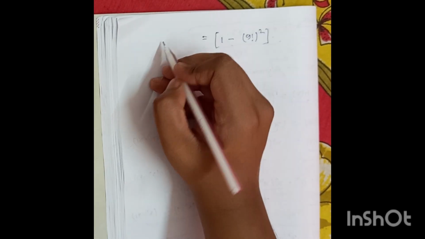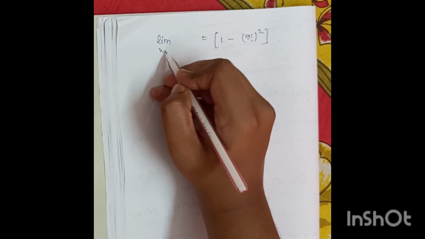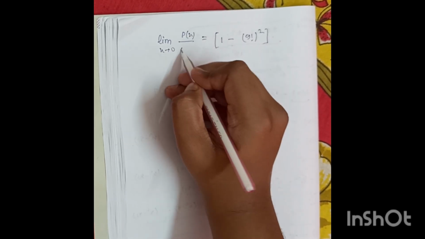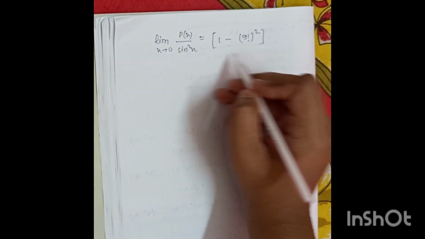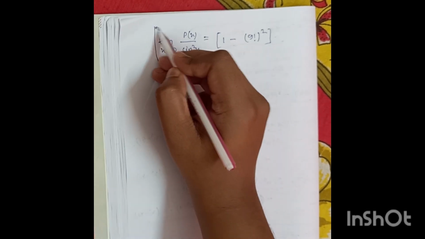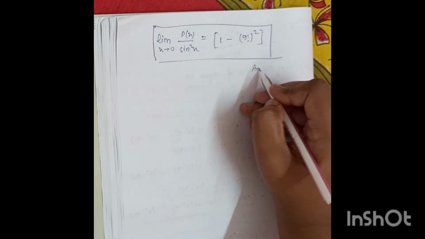So limit x tends to 0, p(x) divided by sine square x is equal to this. So this is our required answer.